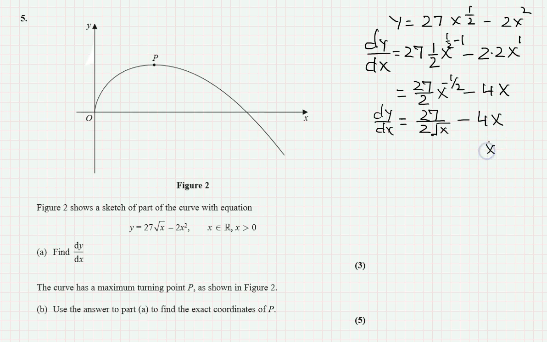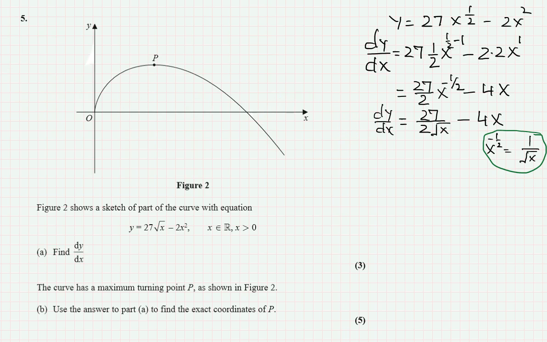I hope you know that x to the power minus half is equal to 1 over root x. Hope you remember this. It's an easy question to differentiate, and it's of 3 marks.